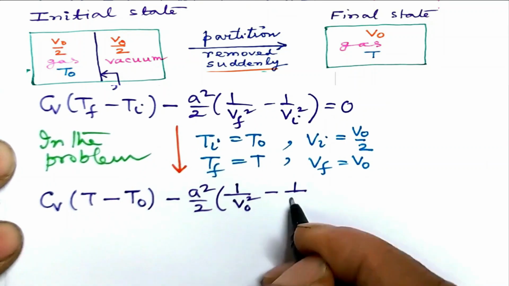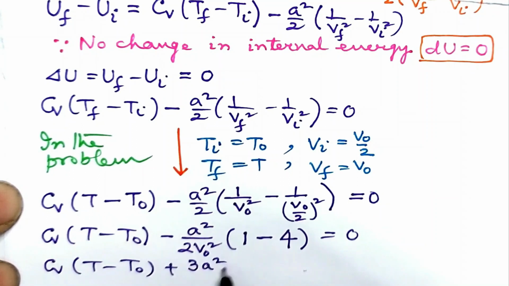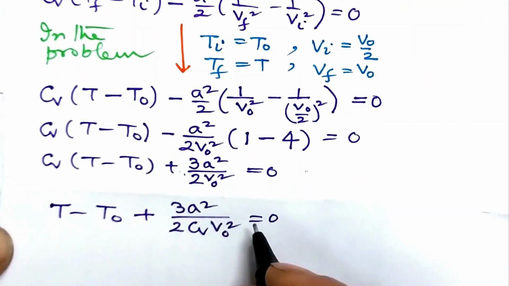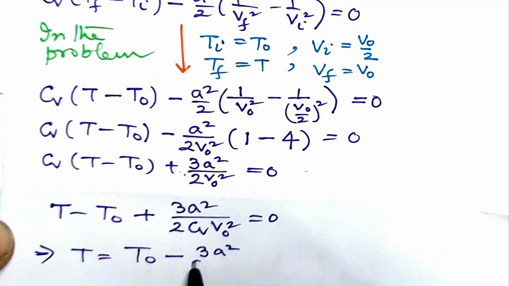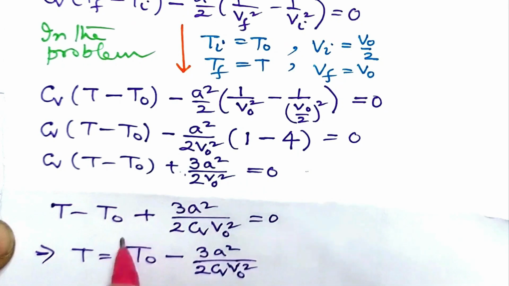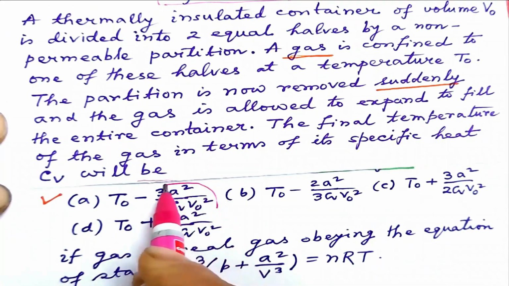So we get T equal to T0 minus 3a square divided by 2Cv V0 square. This means this option is correct.